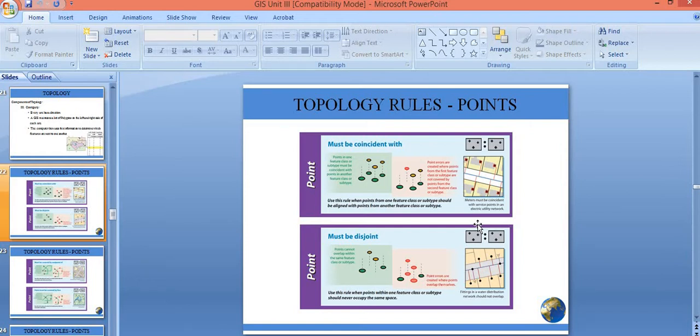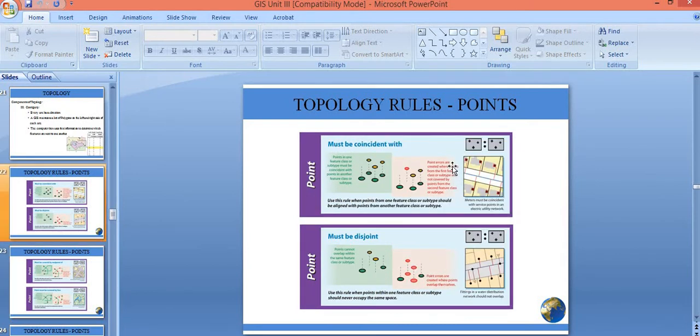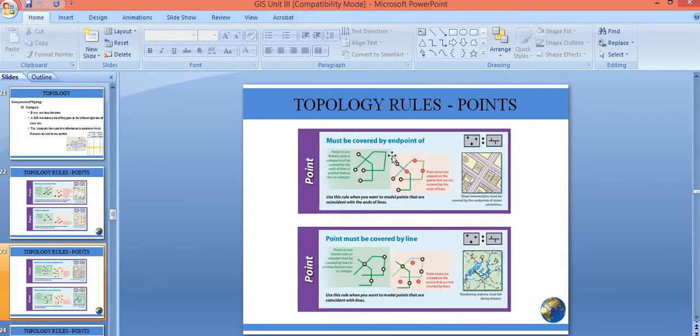That consistency rule can be applied only to points. If a rule is available in the polygon category, it means that particular consistency rule can be applied only to polygons. Okay, that is it. So kindly go through these rules. Definitely based on these rules, you will be getting some questions.